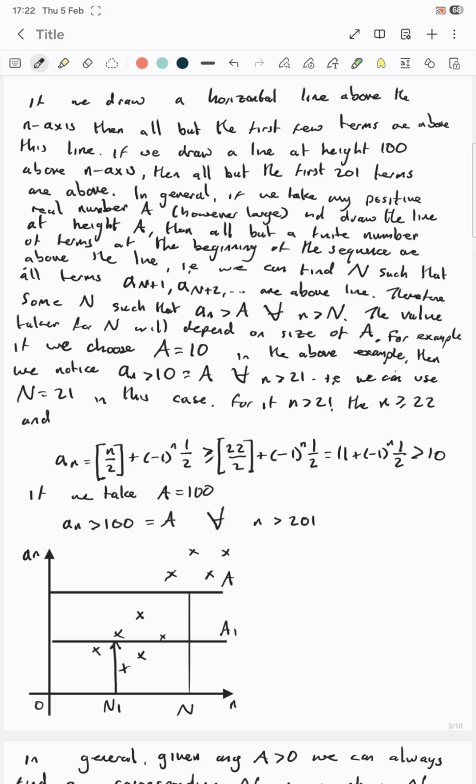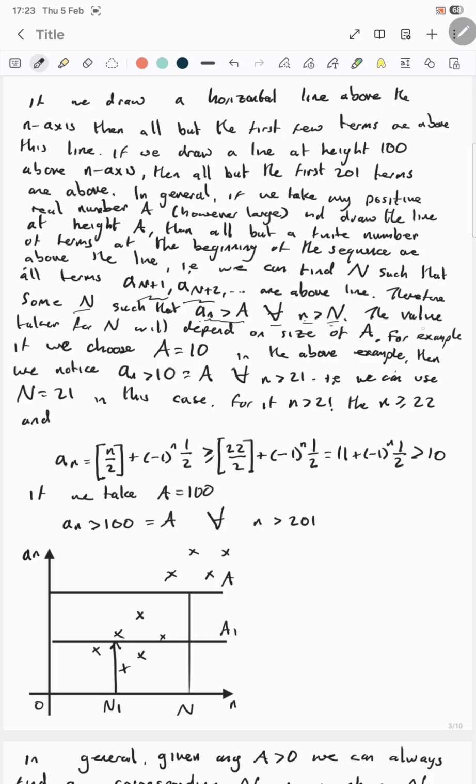That is, we can find an N such that the terms a_N, a_(N+1), a_(N+2) are above the line. Therefore, there is some N such that a_n is greater than A for all n in this range.